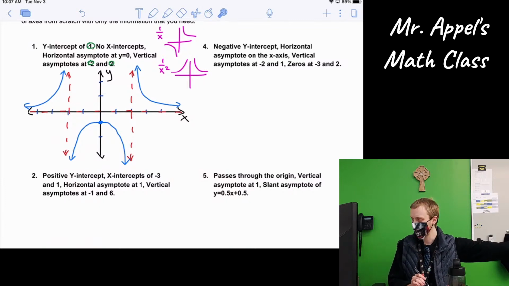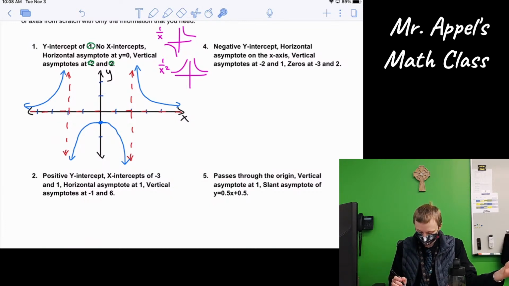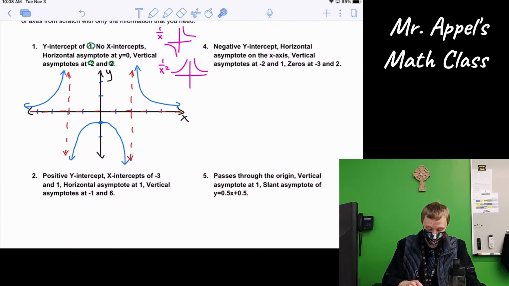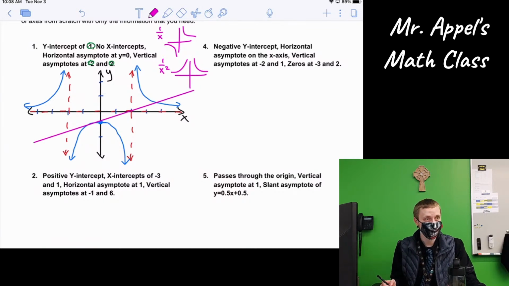I don't understand what Perla's getting at here. 5 has the slant. Slant asymptote, so instead of my horizontal one, you're going to draw literally a sloped line and treat that the same as you would a horizontal asymptote.